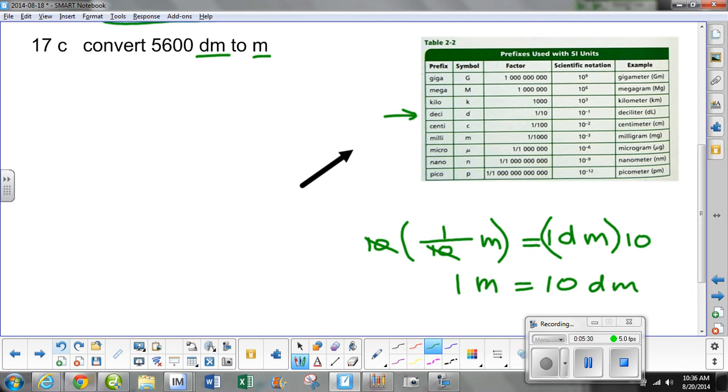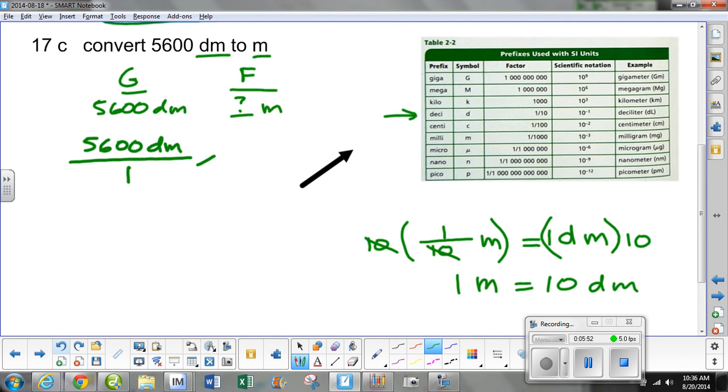So let's go ahead and start the problem. We have a given and a find. The given is 5,600 decimeters, and we're trying to get to how many meters. So we put our given over 1 like we always do, decimeters over 1.